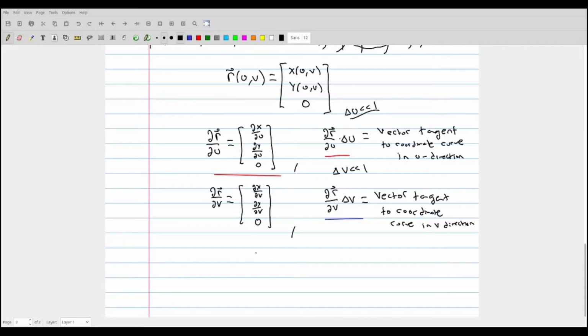And you'll remember from a previous calculus course, where hopefully you went over what's called the vector cross product, that this can be directly obtained by taking the magnitude of the cross product of these two vectors.